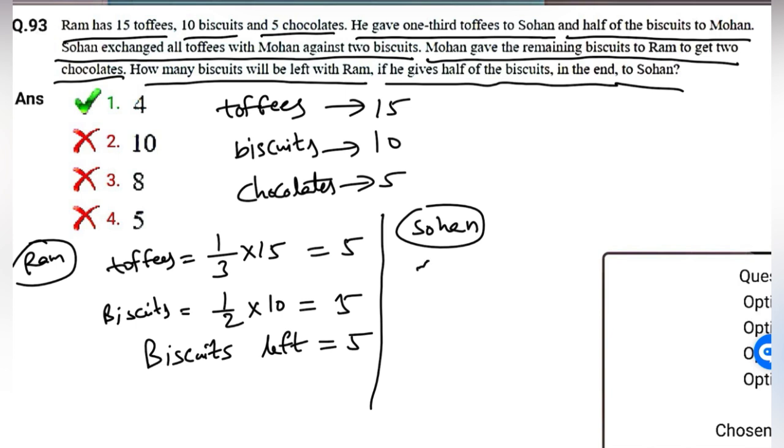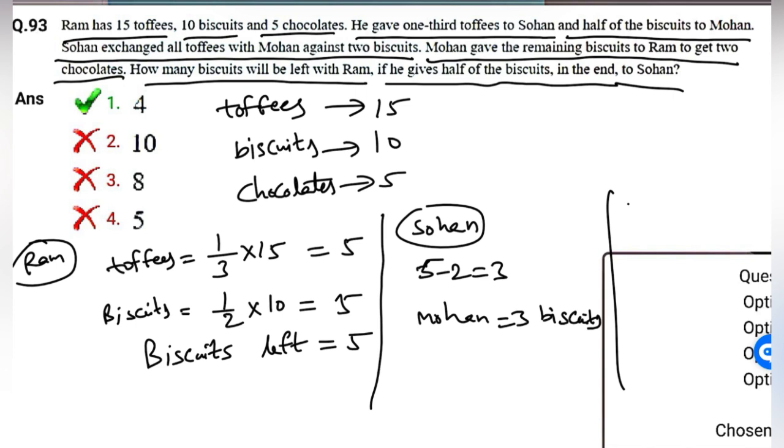Which means 5 minus 2, that is equal to 3. It means Mohan has 3 biscuits left.